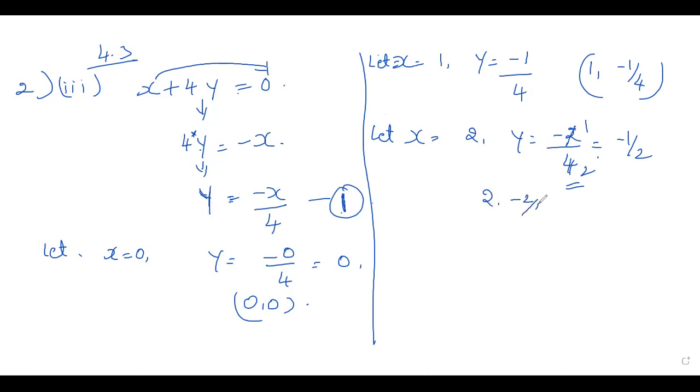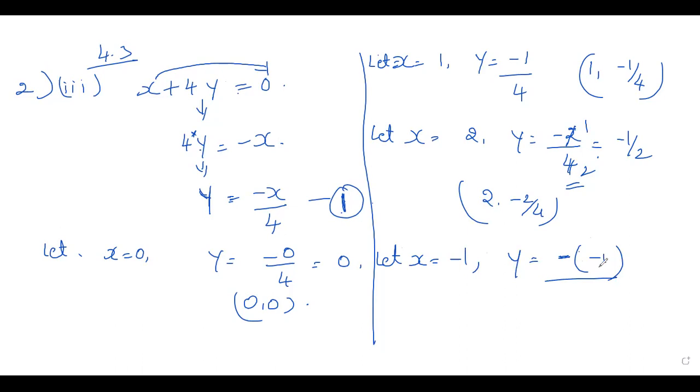Let x is equal to minus 1. Now y is equal to minus x. Minus x means already we have minus here and we are substituting x as minus 1.